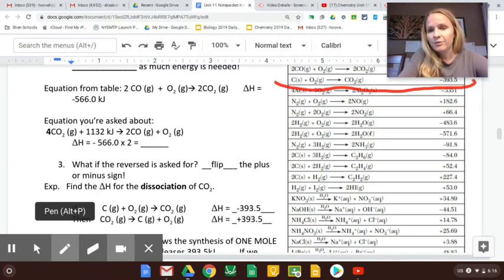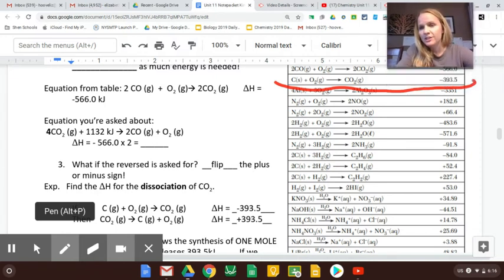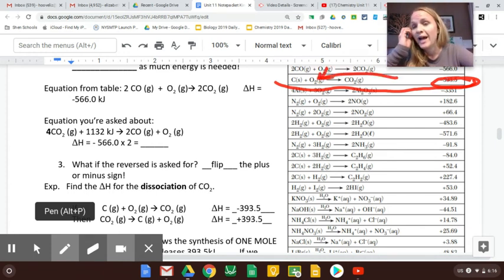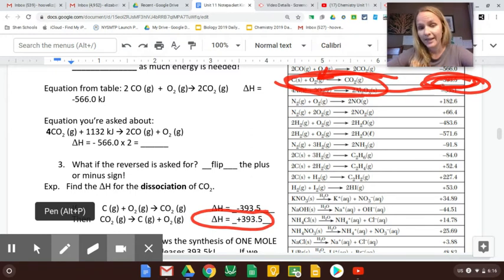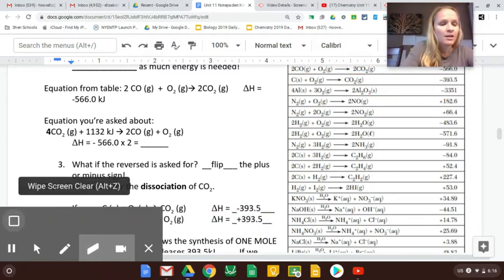So then I'm like, okay, if you lose that much energy to make CO2, then it must be that the reverse, breaking CO2, is the opposite. So instead of being negative 393.5, all I have to do is flip it to positive 393.5. So if you find that you have to flip a reaction, then you flip the sign on the delta H. That kind of makes sense, right?